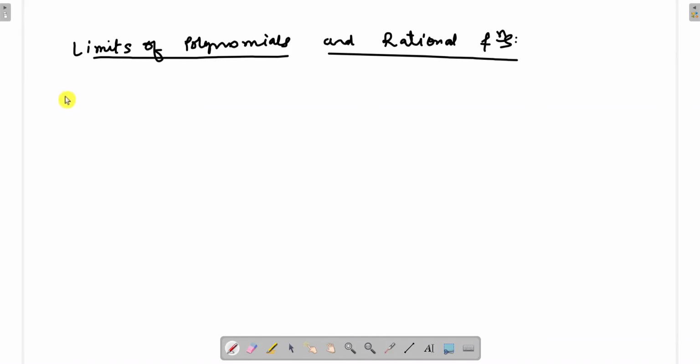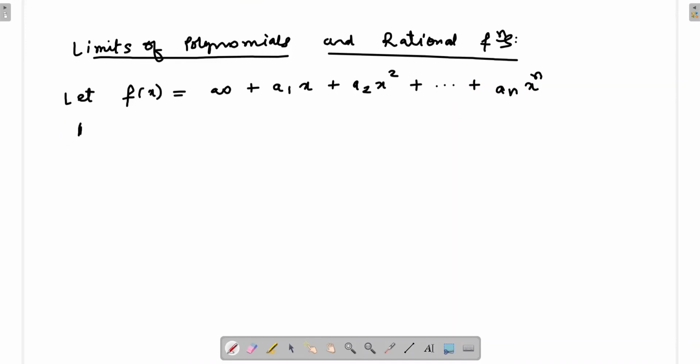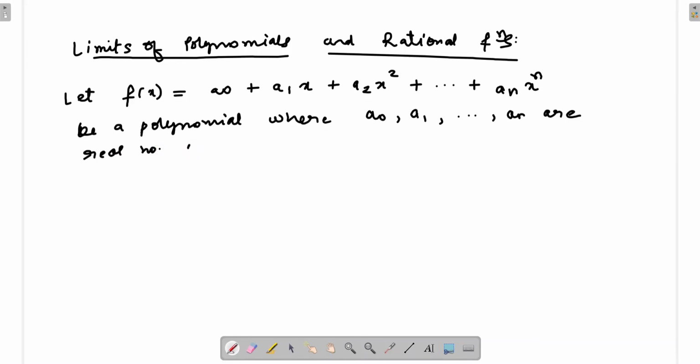So let f(x) be equal to a naught plus a1 x plus a2 x square and so on up to an x^n, a polynomial, where a naught, a1, an are all constant real numbers, and n is a natural number.